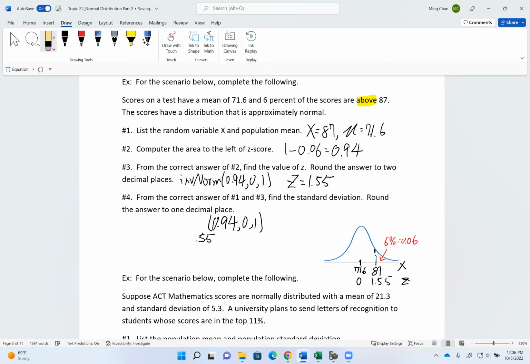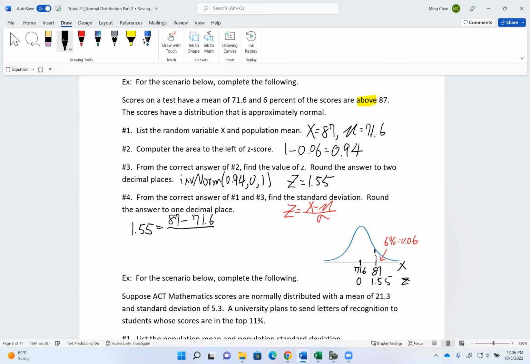So for number 4, think about our formula. Z equals x minus mu divided by standard deviation, right? So now I got my z, 1.55. I got my random variable x, which is 87, minus the mean, 71.6.